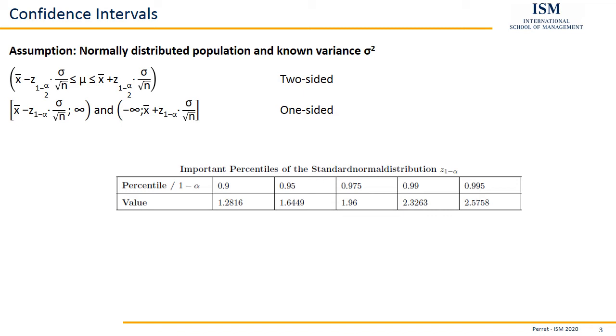Else it's simply find the values and insert them into the formulas. And basically this tells us that the real mean, so the mu, will lie with a certainty, or a margin of error of alpha, in an interval which is defined here. In this case, this was the value, for example, for 95%.